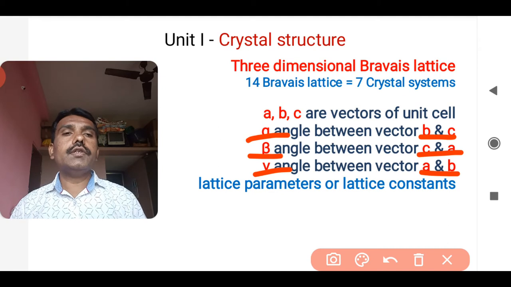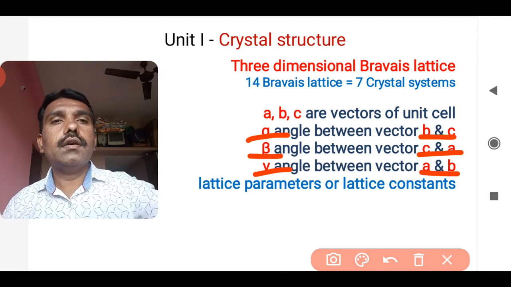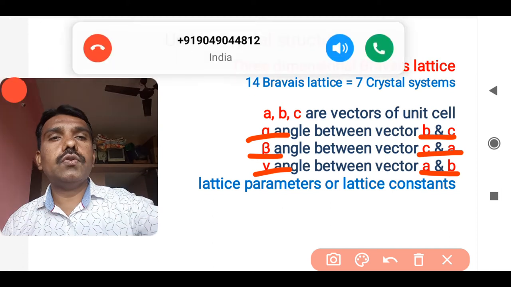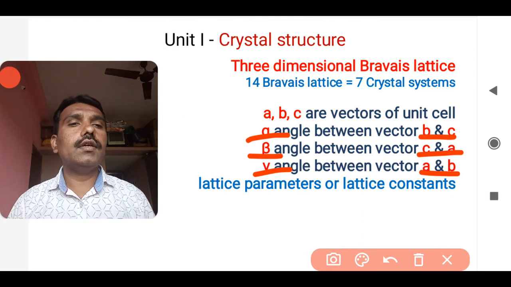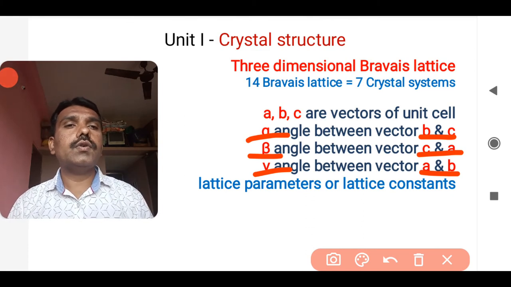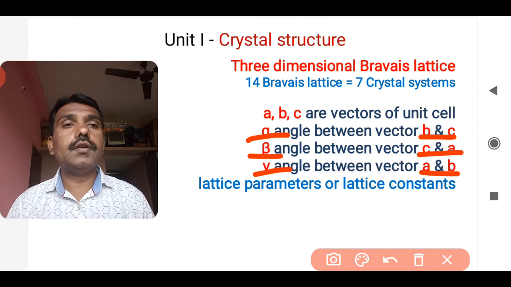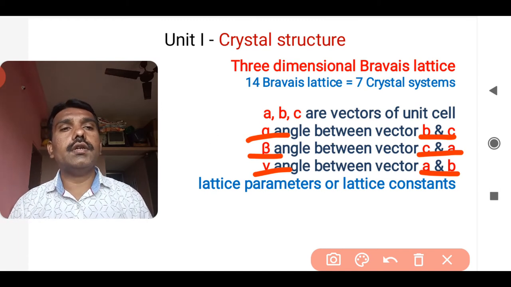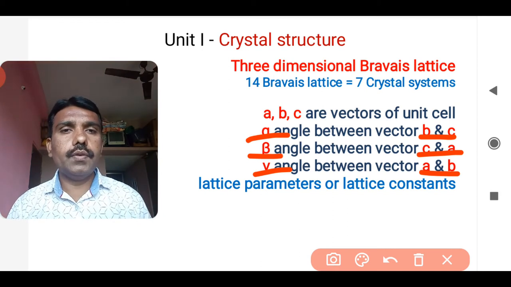This is a very important factor for the crystal systems and three-dimensional Bravais lattices, in which these three vectors play a very important role.